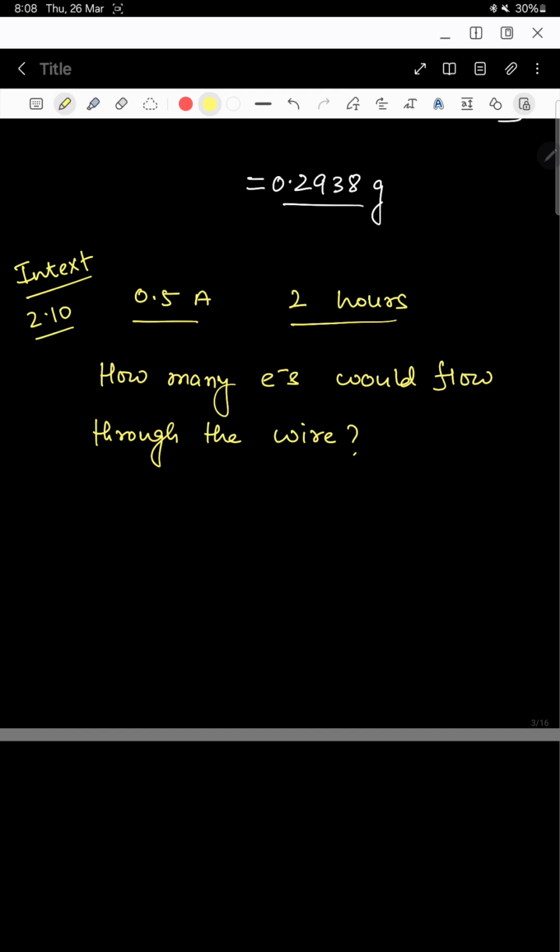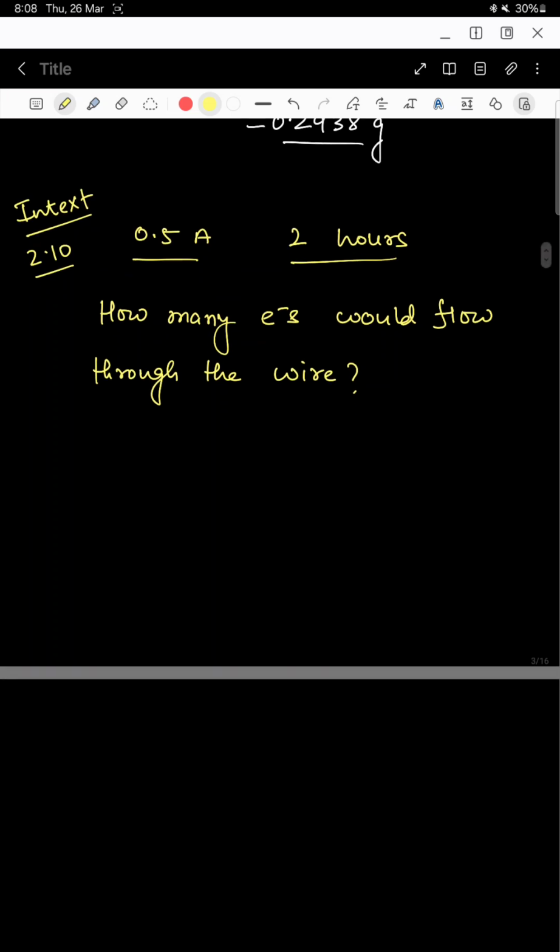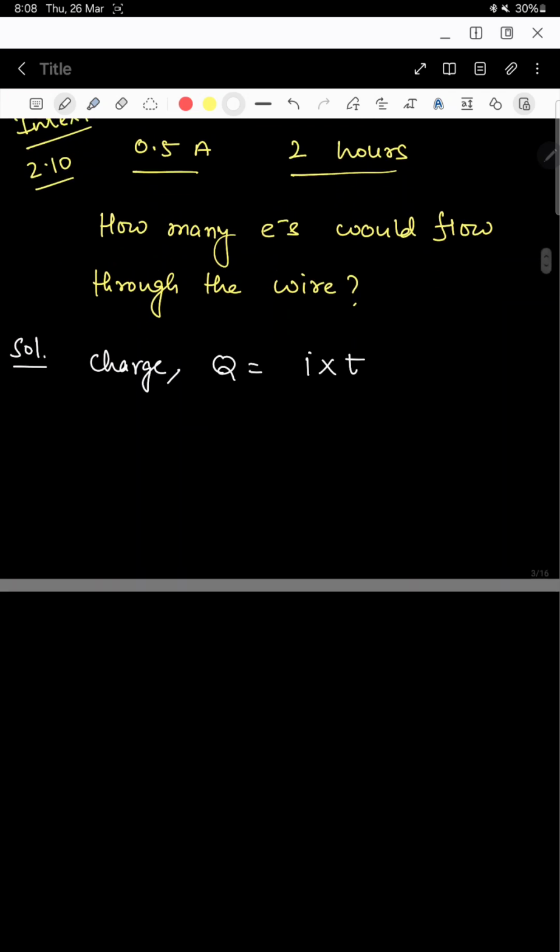Okay, so first you have to understand the question. It's a simple question again. Since the current is 0.5 ampere, we have to first calculate the total charge that is passing. So charge, that is Q, will be current into time. Now time obviously should be in seconds. So current is 0.5 ampere and time in seconds will be 2 into 60 into 60, because we have to convert 2 hours to seconds.